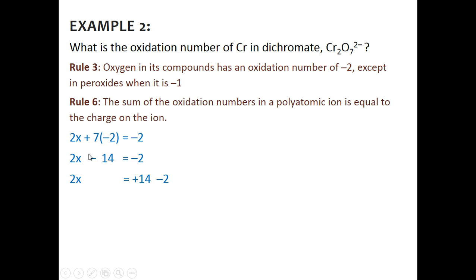So I simply solve. I take the -14 over, it becomes +14, that becomes 12. Once I've got a single thing on both sides, like 2x on the left and 12 on the right, I divide both sides by 2. 2x divided by 2 just gives me x. 12 divided by 2 gives me 6. So the oxidation number of chromium element in dichromate species is +6.